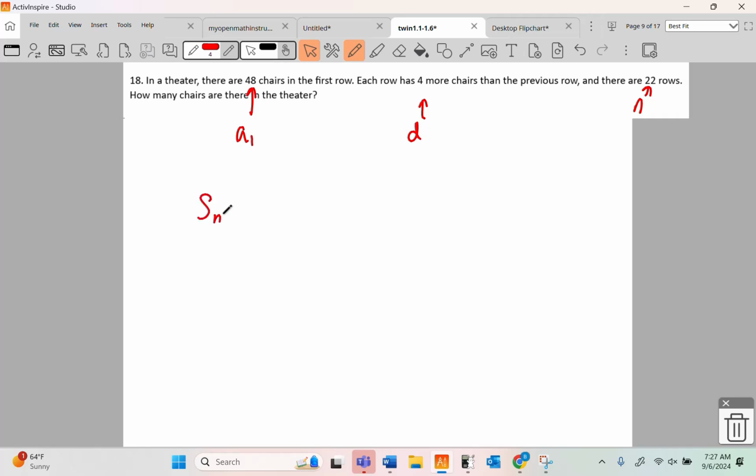So again, that's the sum of n things, and it's n over 2 first plus last. There are 22 rows, so n is 22. The first row has 48, and I need to know the last. The last row that I need to know. So I'm going to do again this formula right here.